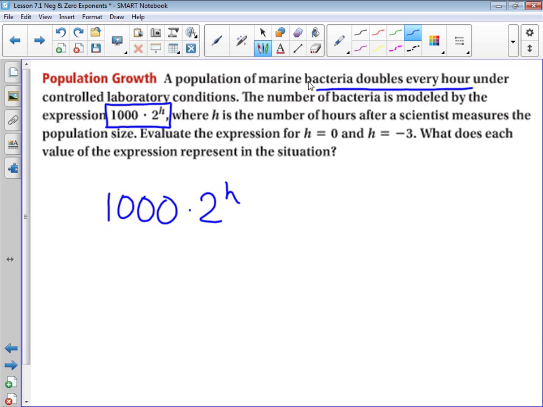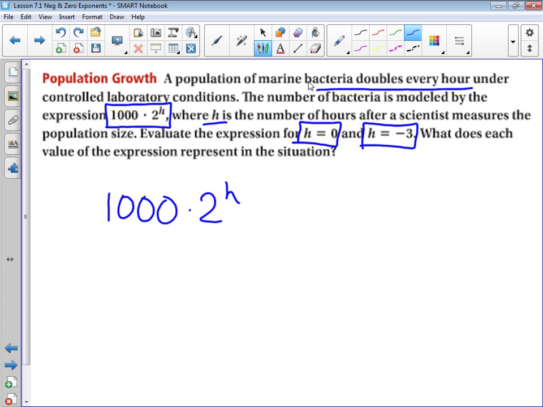This problem not only has zero exponents and negative exponents, but it's also getting you ready for exponential growth, which we're going to look at later in this chapter. H in this problem represents the number of hours. H is the number of hours after a scientist measures the population size. So it just asks you to evaluate when h is 0 and when h is negative 3.